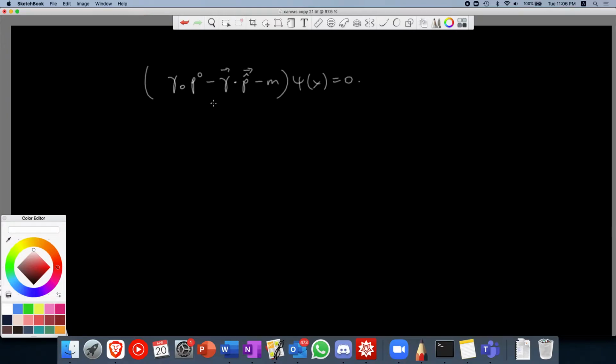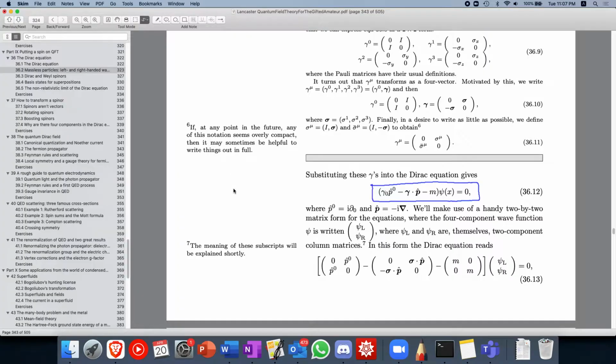First of all, let's keep this like this, and then we know p naught is equal to i derivative with respect to time, so i ∂ψ/∂t equals gamma dot p plus m, times psi of x. So now we are almost there actually.